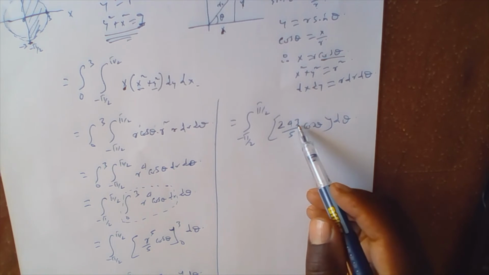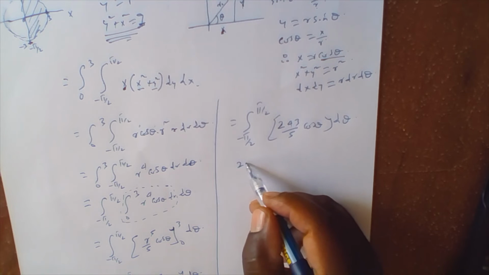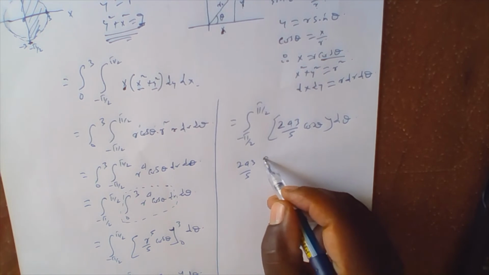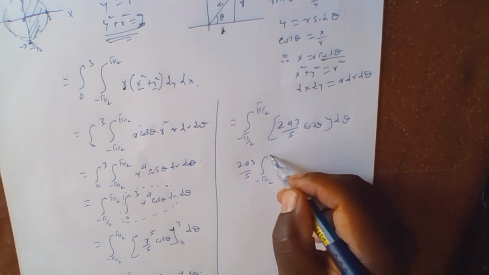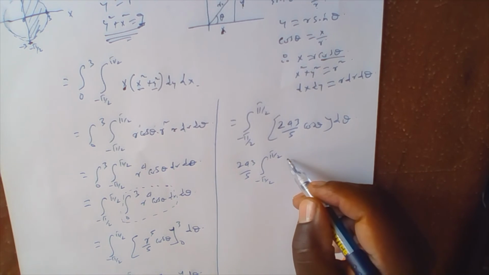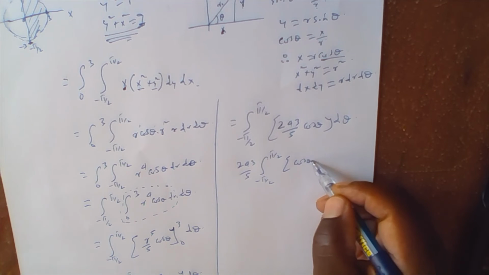We can take 243 over 5 outside, 243 over 5 times the integral from negative pi over 2 to positive pi over 2 of cos theta.